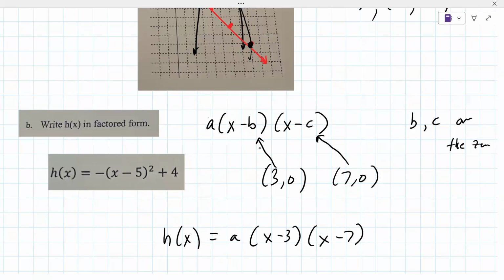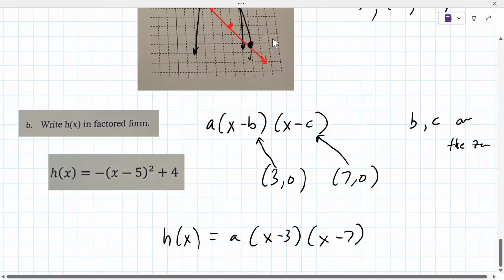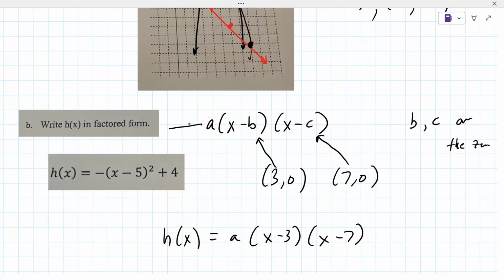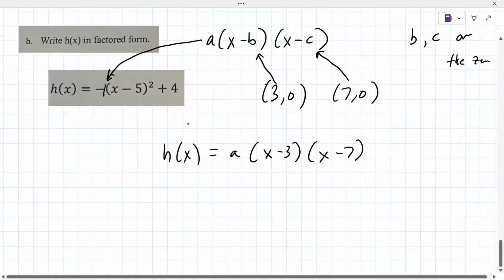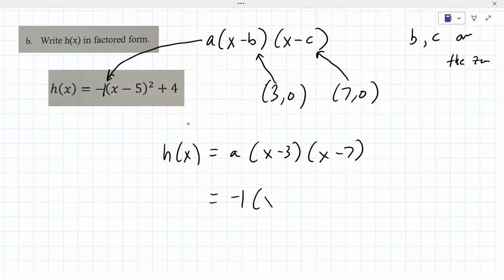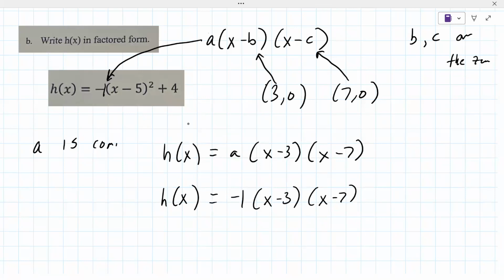And is that it? Well, we've got to find a, but the a is common to all the forms. So a is this number out in front, which is -1. There is another way to find a, but if that is sufficient for your instructor, I don't know, you'll have to maybe address that. But a is common to all the forms.